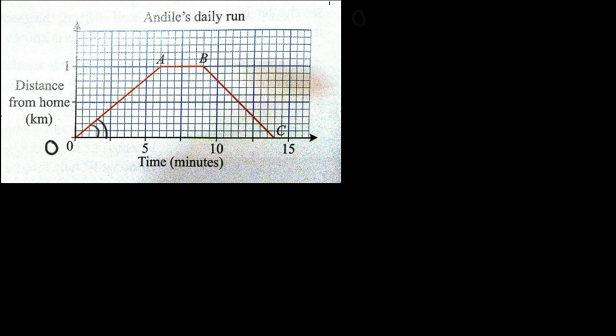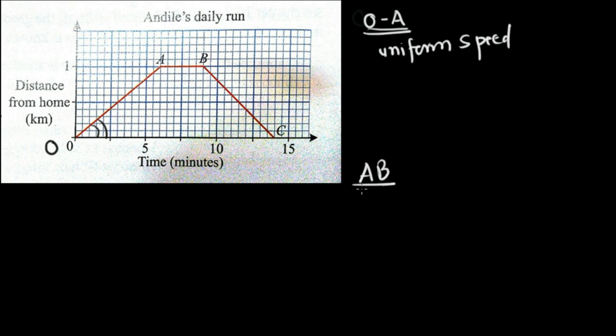So from O to A, it's uniform speed. Uniform because it's a straight line. We'll be calculating what the uniform speed is there as well.